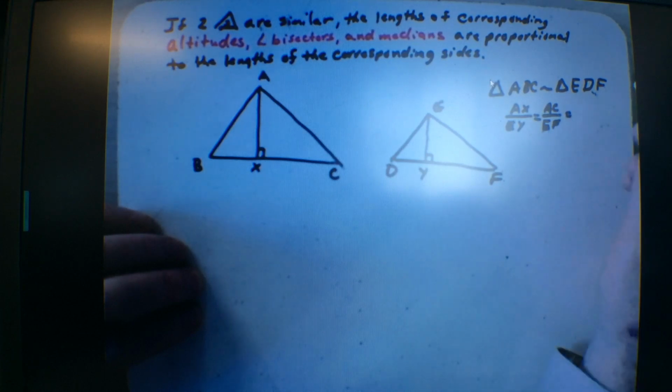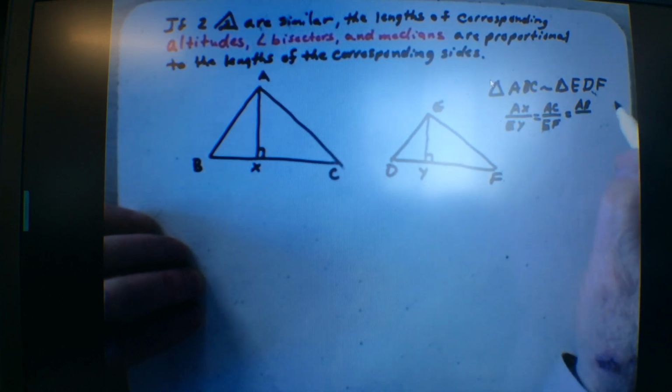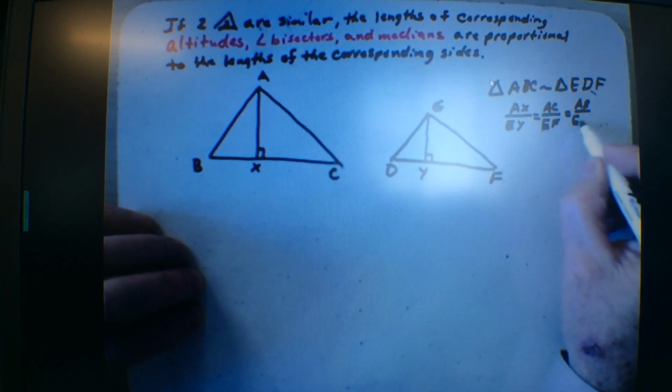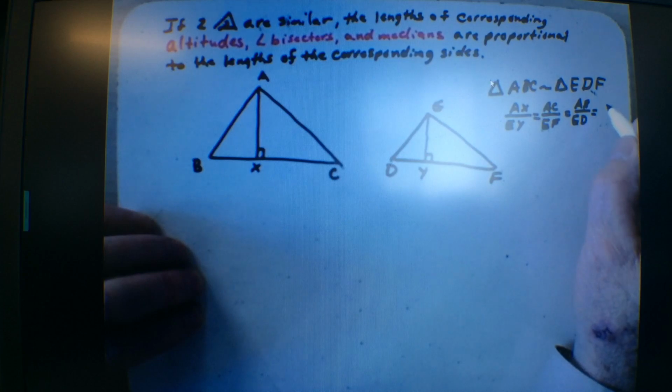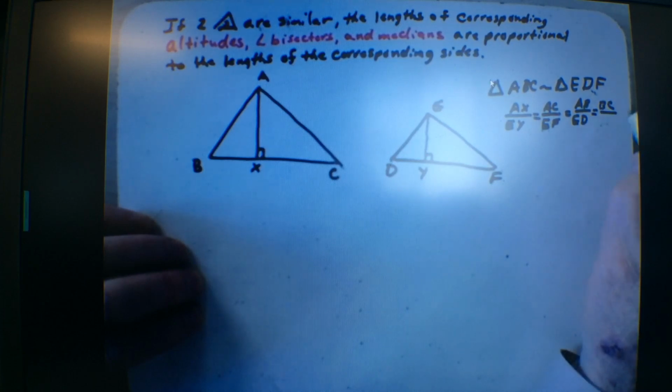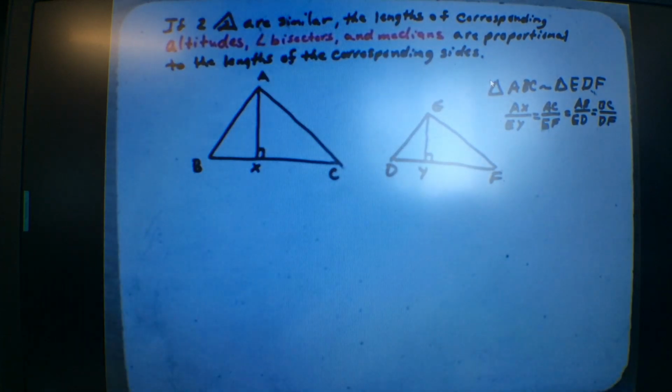And we could also say AB over ED. And here's the weird one. We can also say BC over DF. So it works for all three. Now, if you look in the book, it doesn't have that. Okay, it does one side, but it works for all three.